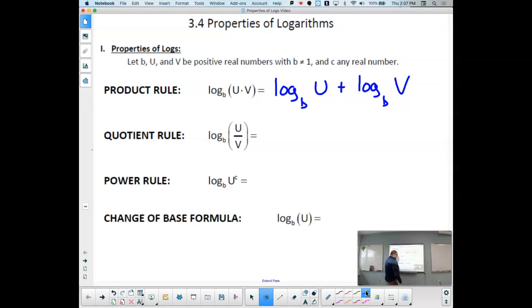Quotient rule: now when we are dividing under the control of one log, we can subtract those two logs.